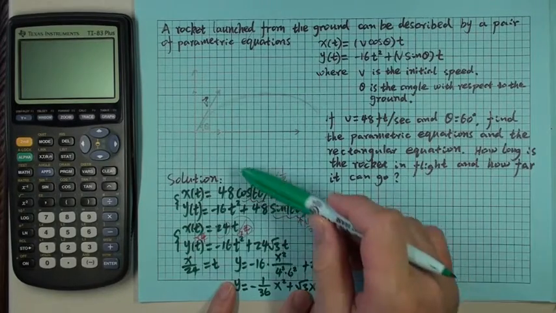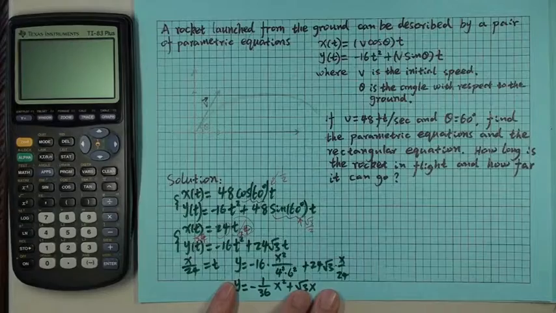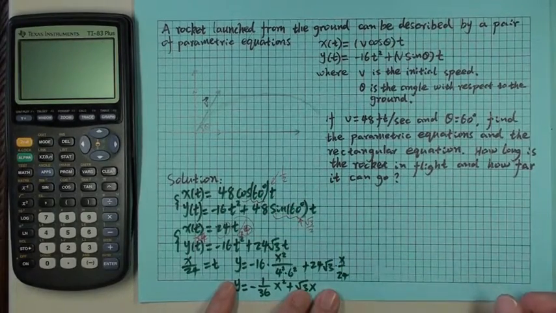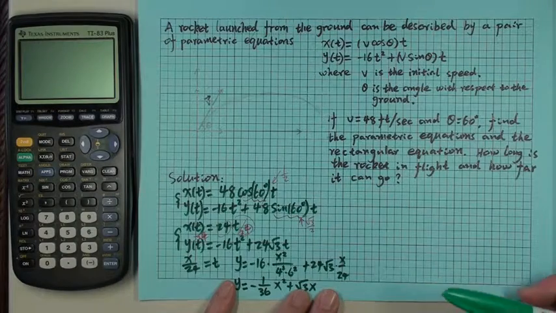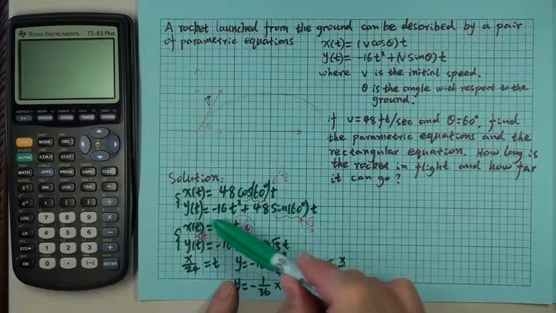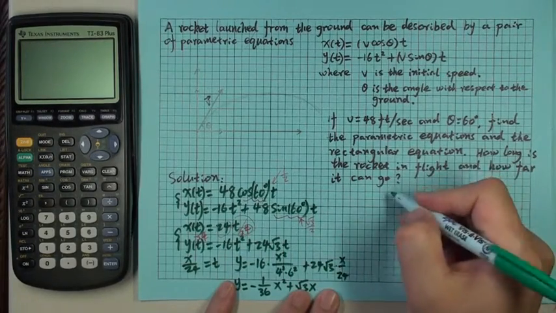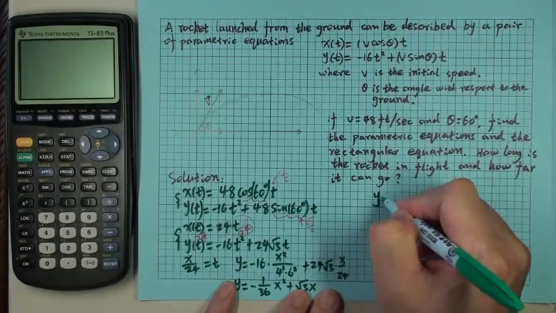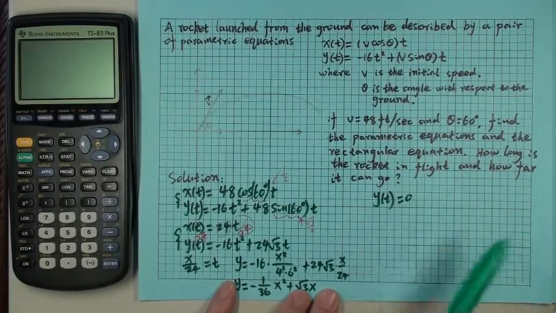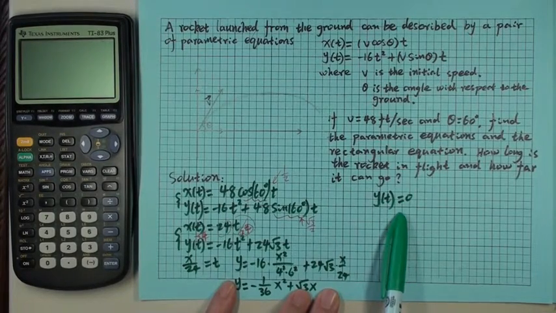Vertically, the rocket goes up and down, so we want to see how long the rocket is actually in the sky. When it reaches the ground, y of t equals 0, which means the vertical distance is 0.